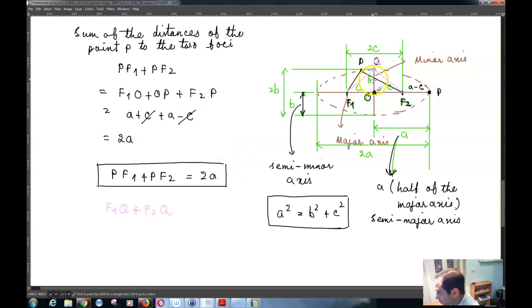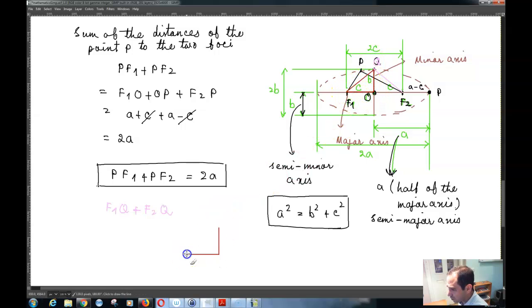Of course, if you take a look at this figure over here, you can see that for F1Q and F2Q you have these two triangles. For example, in this triangle over here, this side is C, this side is B, and you want to find this side over here. This is a right triangle.